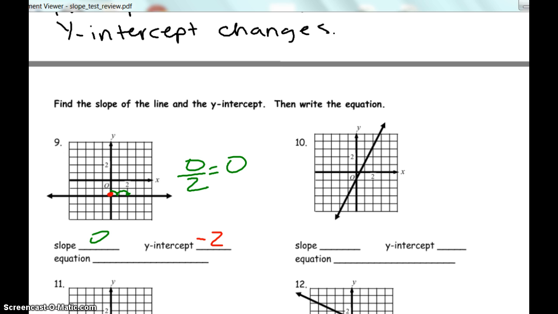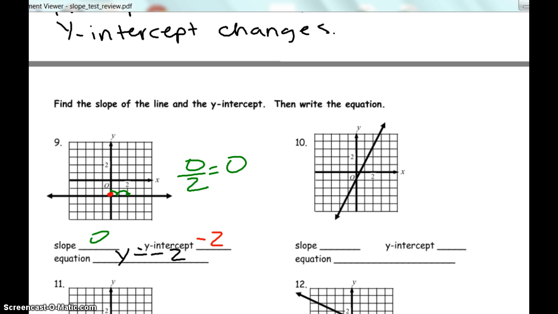As we've talked about, horizontal lines are the ones that say y equals something. So we have y equals negative 2. There is no slope, so there is no need to put an x value. There is not an independent variable. All there is is negative 2.